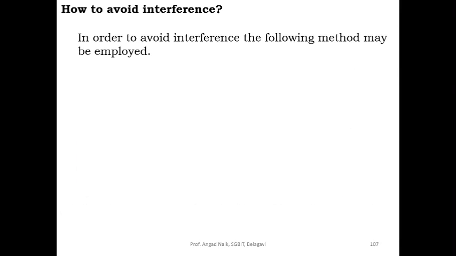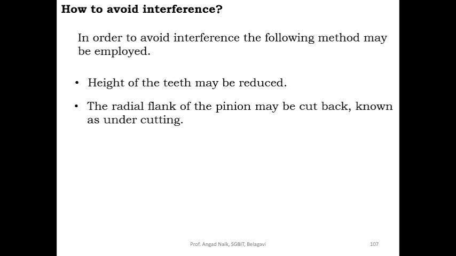Now, how to avoid interference? In order to avoid interference, the following methods can be used. First, the height of the teeth may be reduced. Second, the radial flank of the pinion may be cut back, known as undercut or undercutting.